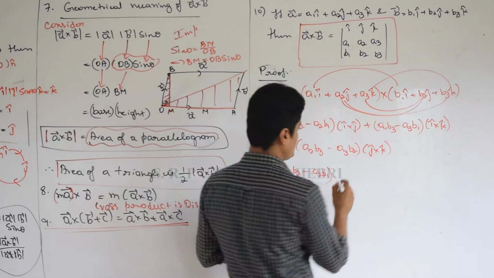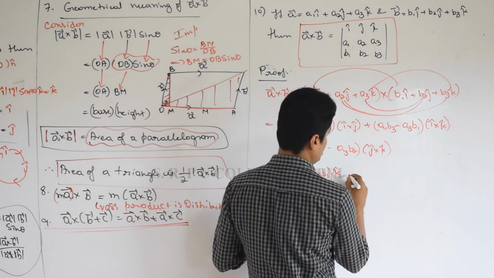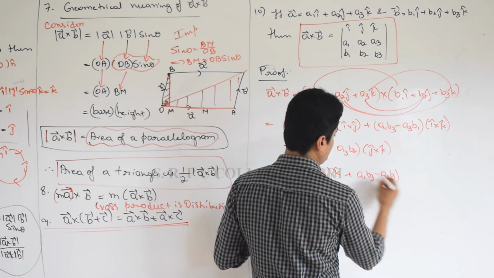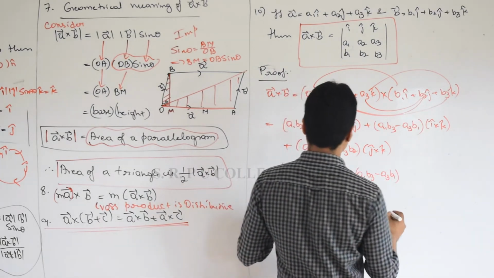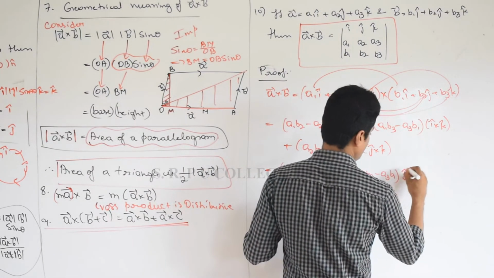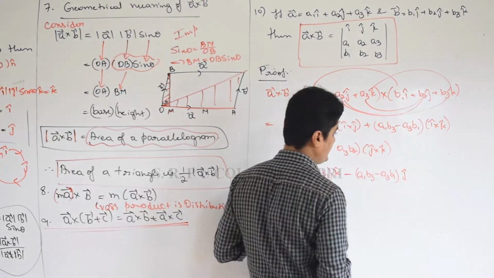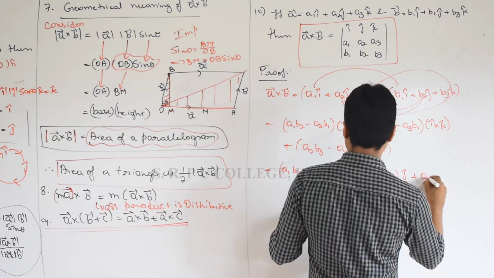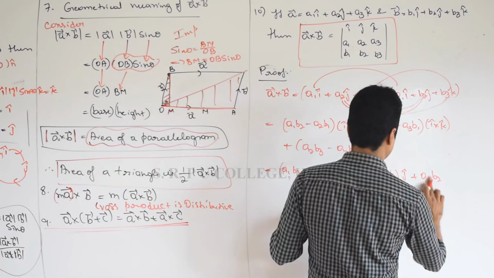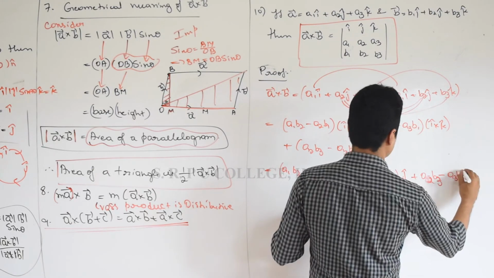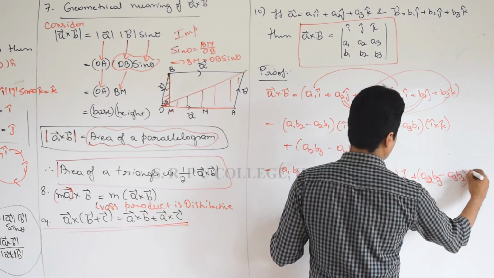What is i cross j? It is k. Plus a1 b3 minus a3 b1. i cross k is minus j, so here I will write minus. Next plus a2 b3 minus a3 b2, j cross k is equal to i.